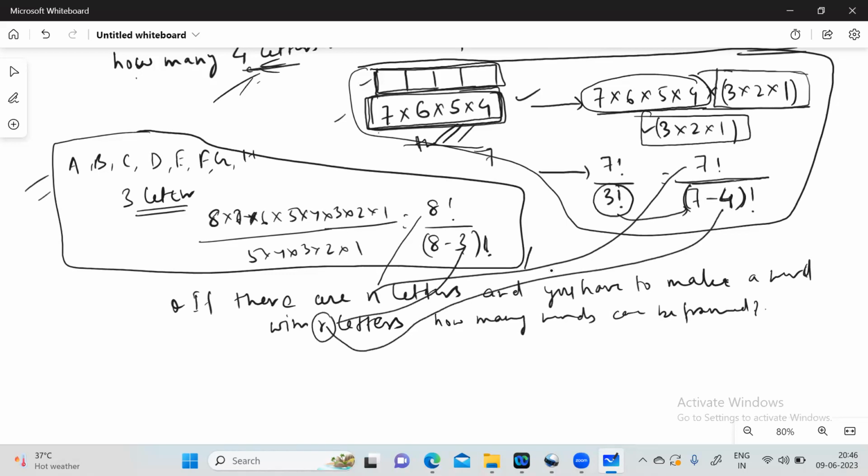So the answer of this question would be n factorial divided by n minus r factorial. Is it clear, everyone? Please tell. Ruba, Mayuraksha, Prakriti, anyone? Is it clear to you? Yes, sir, it's clear.